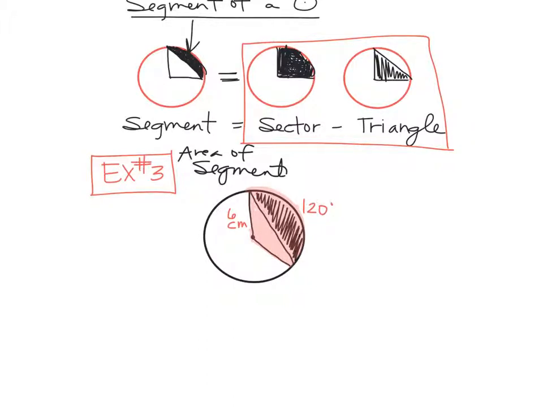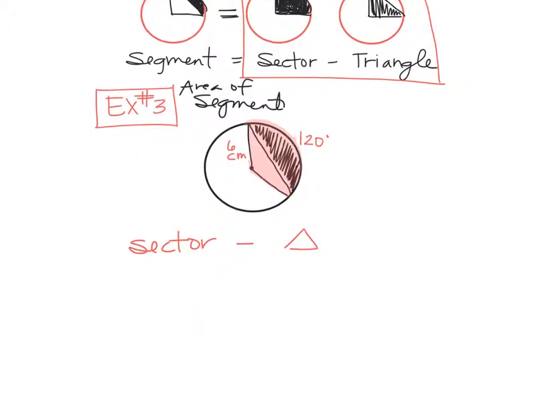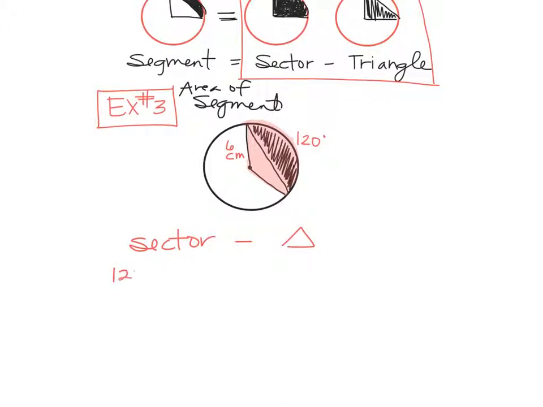Okay, so we're doing sector minus triangle. The sector is gonna be 120 over 360 times pi times the radius squared. So this is this. That's what we did with the last problem. That was example 2. Are you good on that part?